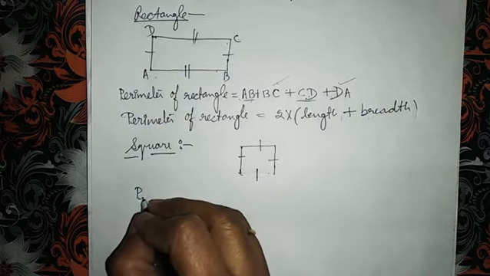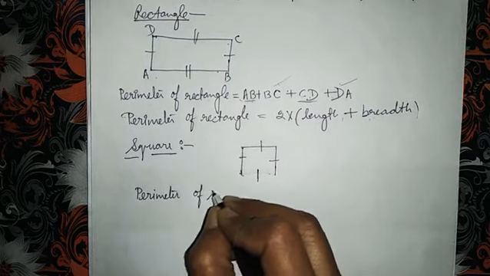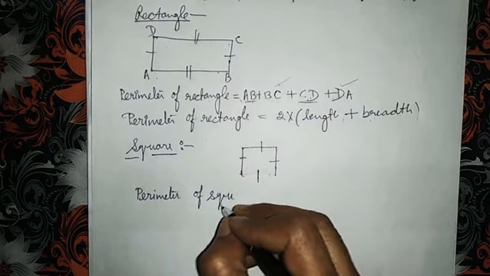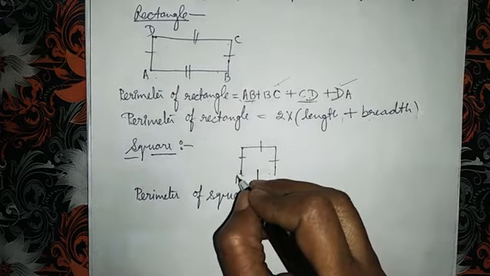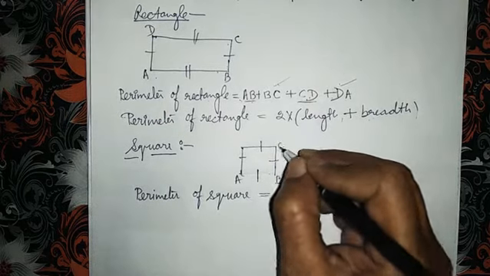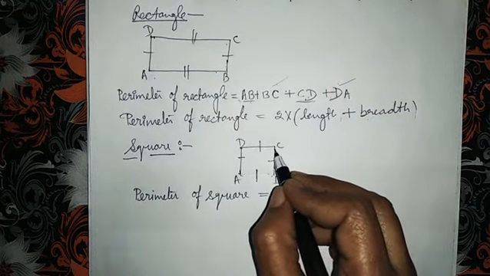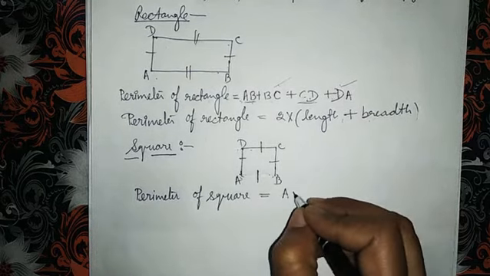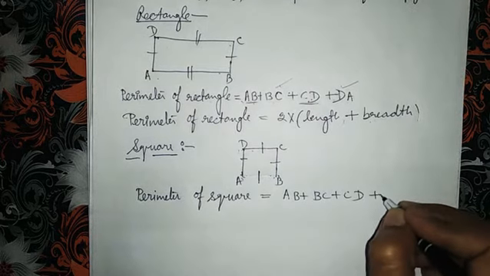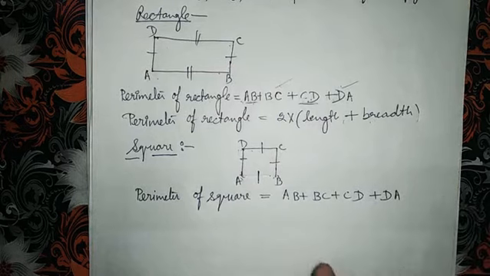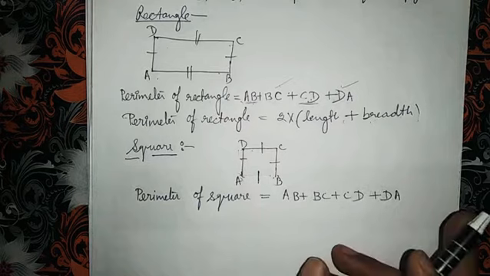So for perimeter of a square also we can add the length of all the sides. So here length of AB plus BC plus CD plus DA. And here you can see length of all sides are equal.